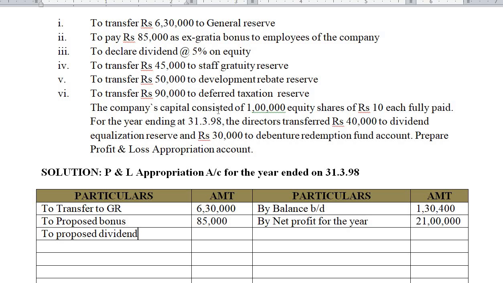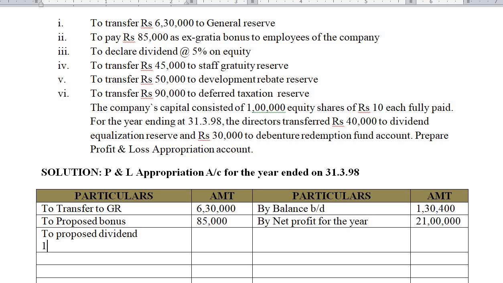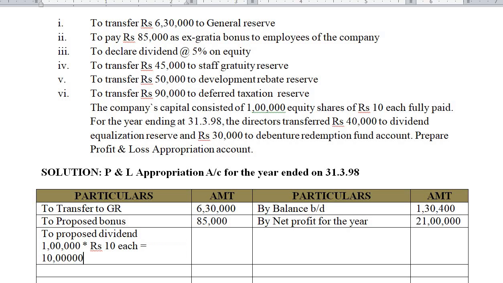Proposed dividend. How are you going to give it? 5% on equity shares. Let us write it like this: 1 lakh into rupees 10 each is the equity shares, which is equal to 10 lakh.